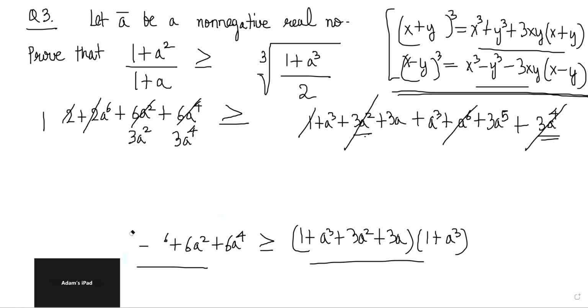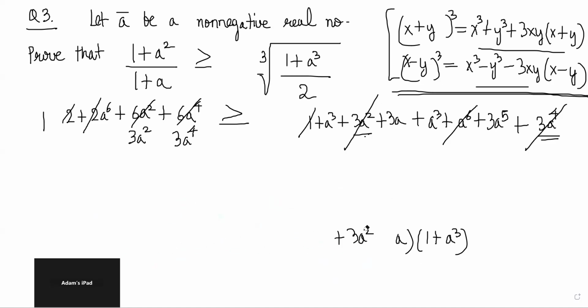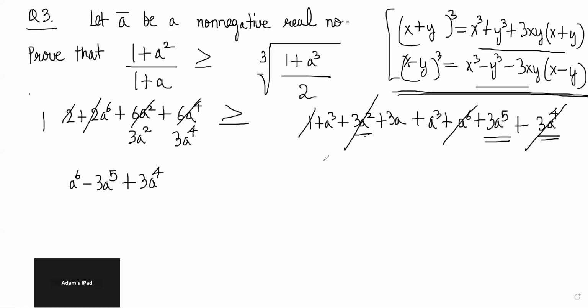the inequality that you need to prove: a^6, the highest power, minus 3a^5 plus 3a^4.